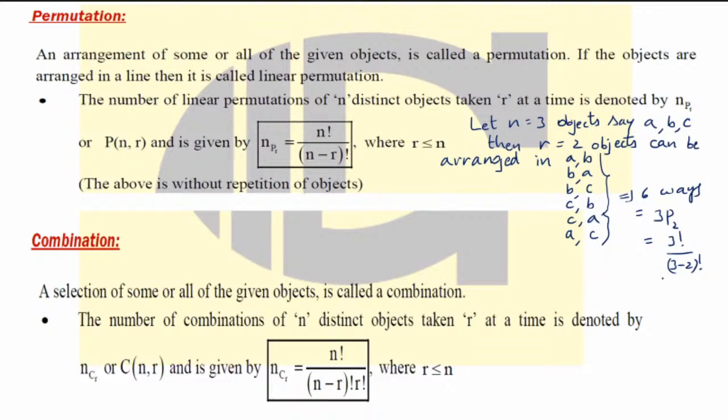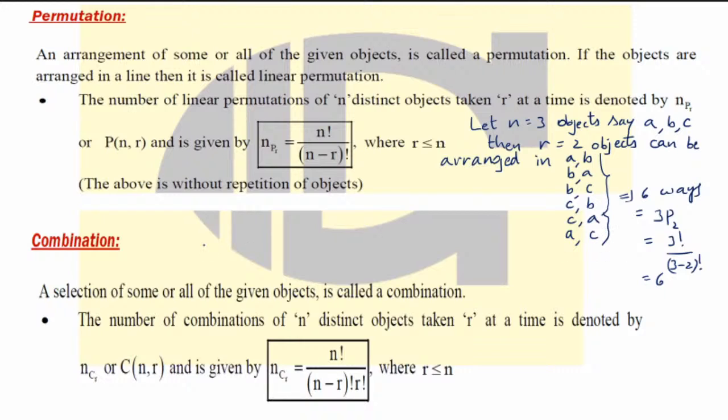So this is 6 ways. Why am I explaining in this way? If I take 10 objects and I want to arrange 5 objects, so 10P5 ways, I can't write all of these ways if I take more objects. So this is just for understanding this nPr notation.